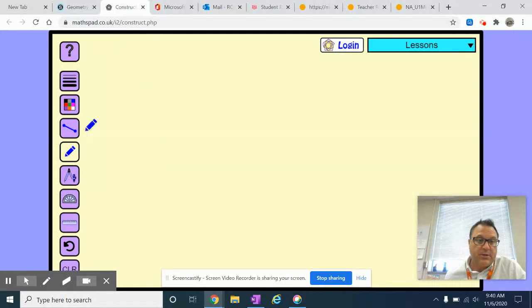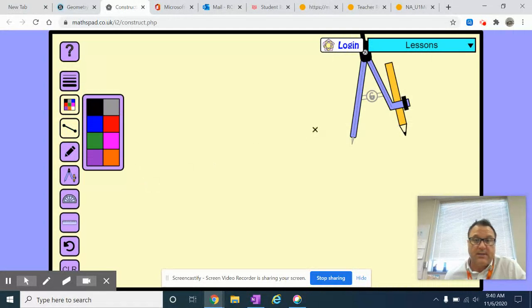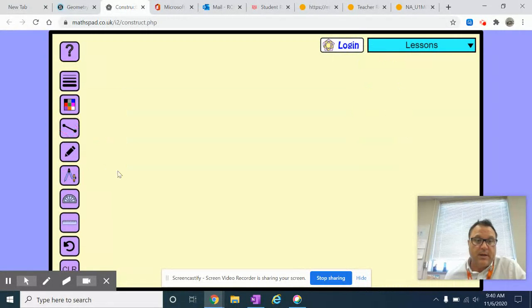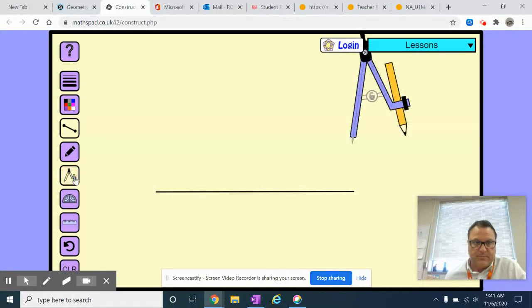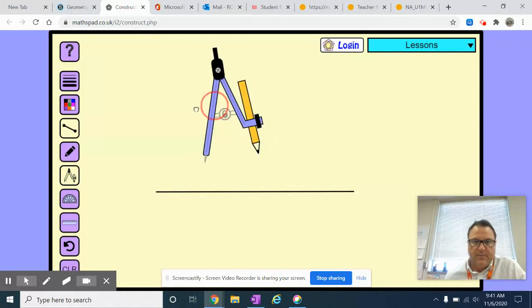So let's go ahead and construct a perpendicular bisector. Let me construct a segment here. I don't need that, let me get rid of that. I'm just going to construct this segment right here, and we'll keep it really simple.